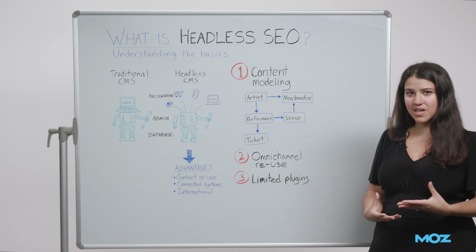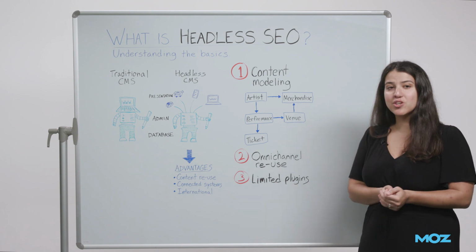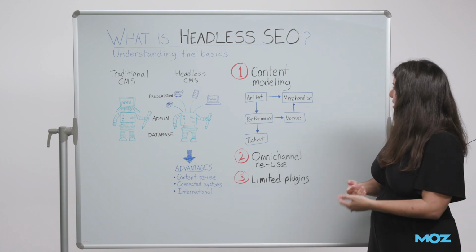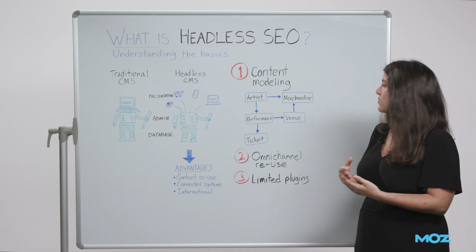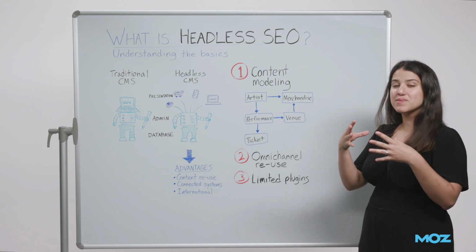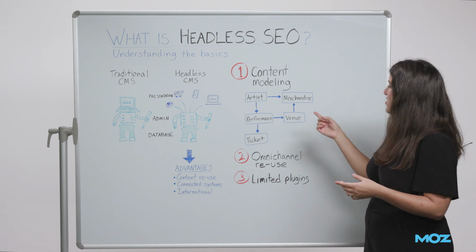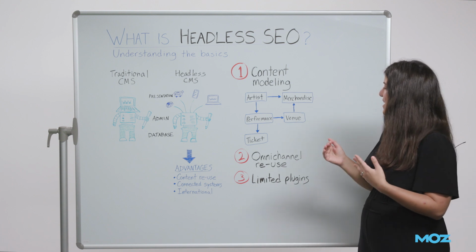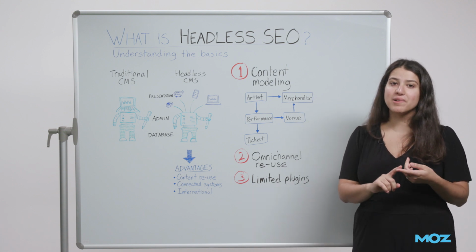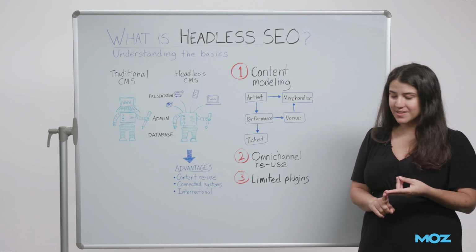So let's take a look at an example. Imagine you have a music venue. As a music venue, you're going to have a set of artists that come to your venue on a specific date and time for a performance. You're going to want to sell tickets for that performance, and those tickets are going to have a price and a seat number assigned.